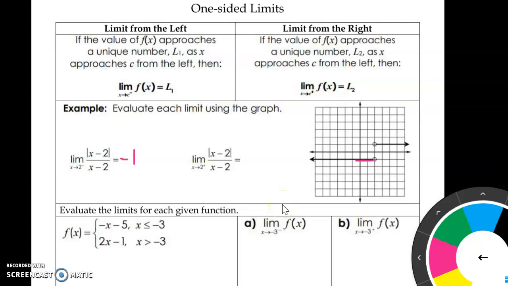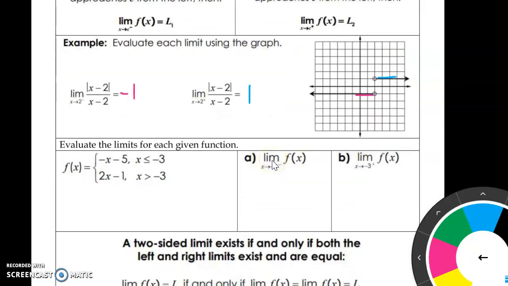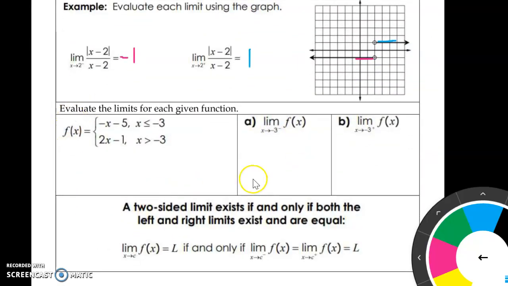Now let's look at the limit from the right. As x approaches 2 from the right-hand side, it's approaching this value of +1. So here we can see the limit from the left and the limit from the right give us two different values. They're approaching two different numbers.